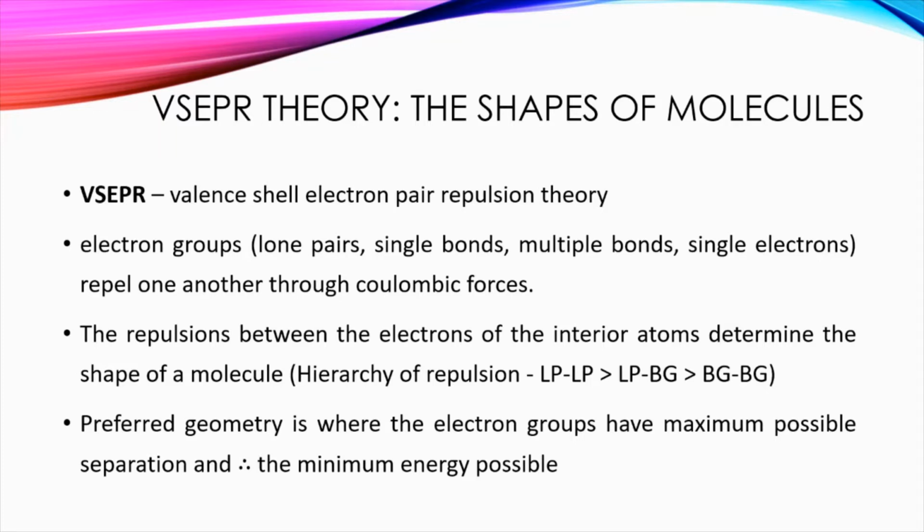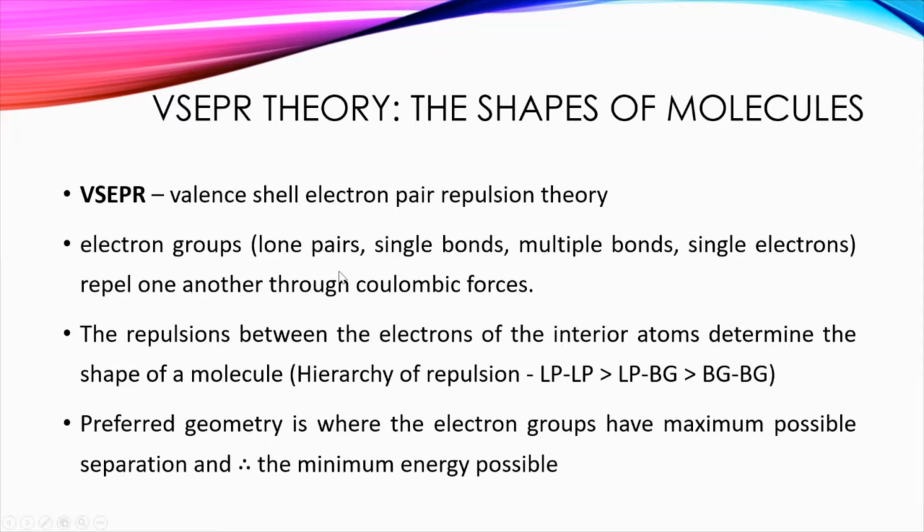VSEPR is based on the repulsions that atoms of a molecule will feel based on the electrons that are in their valence shells, because those are the shells that are involved in bonding, right? Core shells are not involved in bonding. It's going to be the valence ones. Now, with electron groups, every electron group is going to be counted as one electron group, okay?